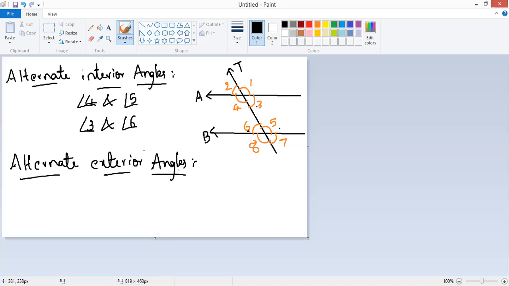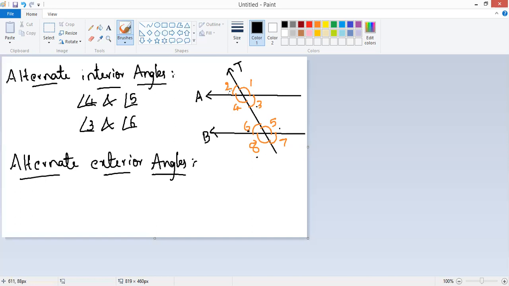Now, alternate exterior angles. The angles formed by a transversal intersecting two parallel lines, outside the parallel lines but on the opposite sides of the transversal, are called alternate exterior angles. Here, angle 2, angle 1, angle 8 and angle 7 are outside the parallel lines.